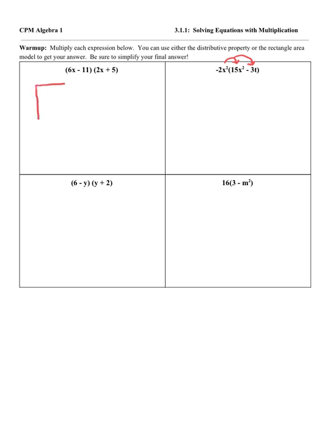Like for example, with any of these, and specifically I'll show you with the first one, we can draw a rectangle and write the dimensions on the outside, 6x minus 11 and 2x plus 5, and find the area of each individual rectangle, and then write the area as a product, which it is up top, and as a sum, which would be the sum of all the boxes.